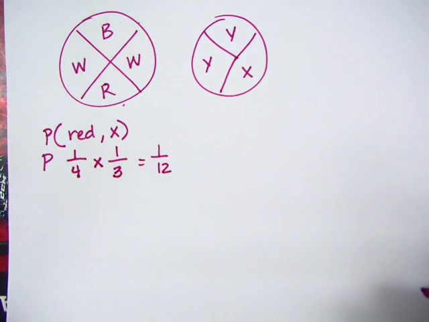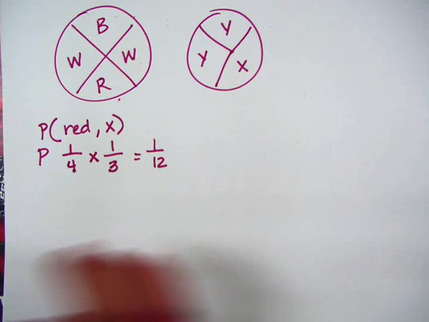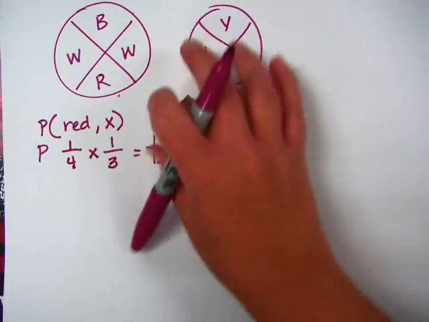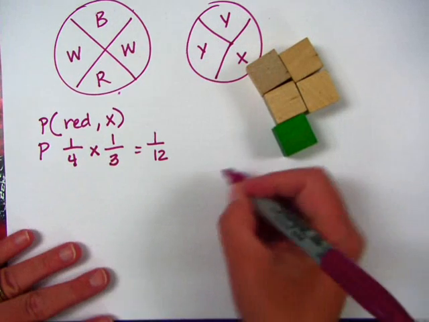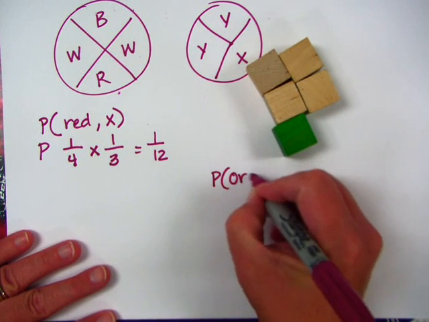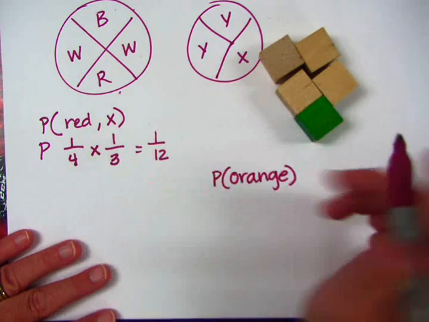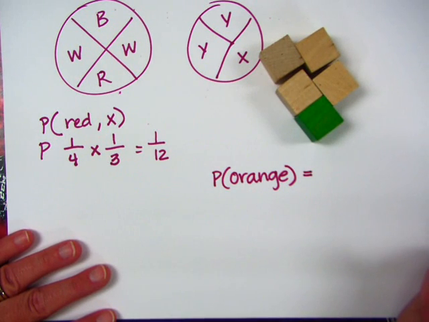All right, as I said, we will come back and we will mess with that more in class with hands-on activities. The one other thing I want to show you real quickly is, what if this is my set? That's my set. And I want to know the probability of picking an orange. What's the probability of picking an orange from that set that I have there?